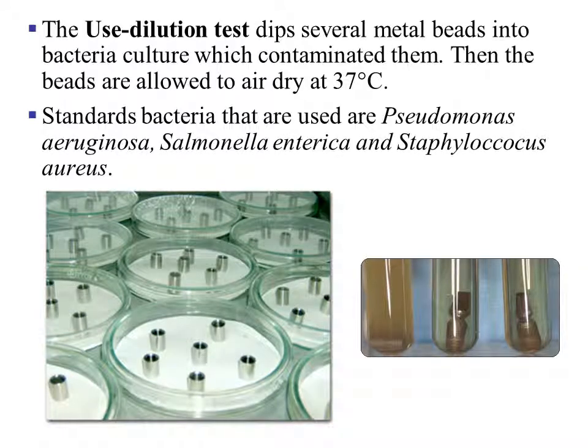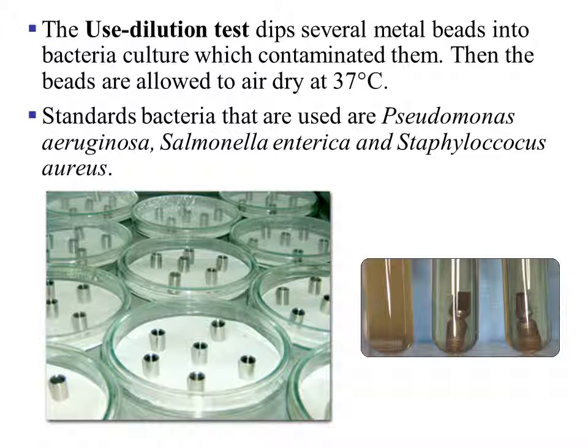The next evaluation procedure we will discuss is the use dilution test. With this test, we're going to dip several metal beads, or they can be plastic, into bacterial culture. This bacterial culture is going to contaminate the bead.